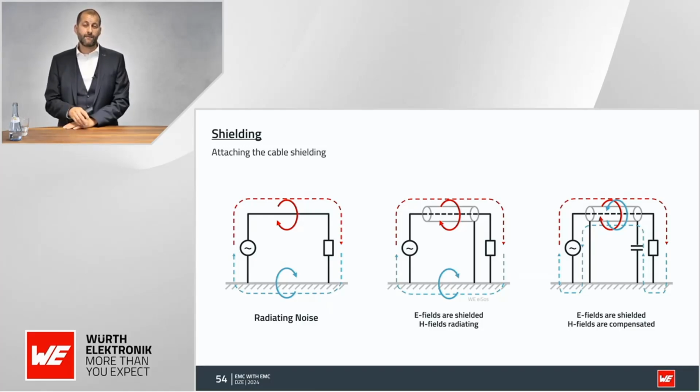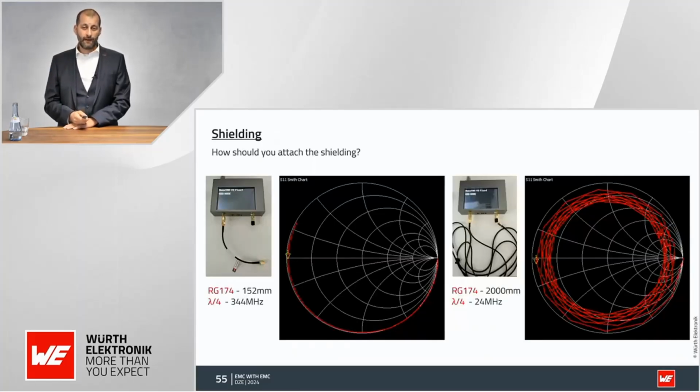For that customer, shielding on one side was way better than on both sides. But you have to be aware that sometimes the answer to your problem is also to understand what you did, and to explain what maybe happened, there is this example.